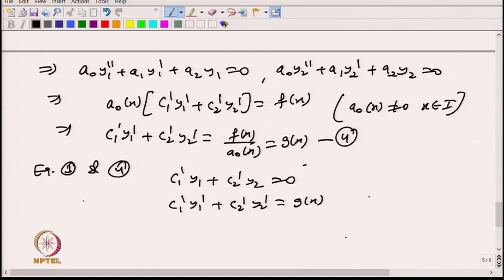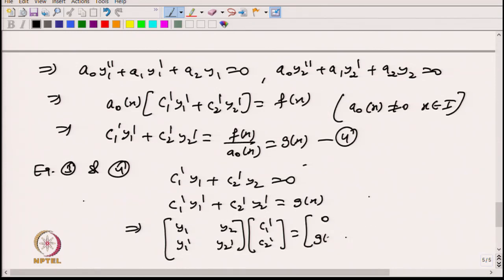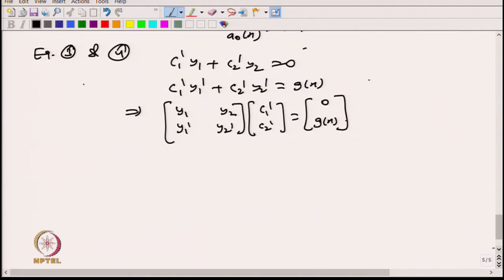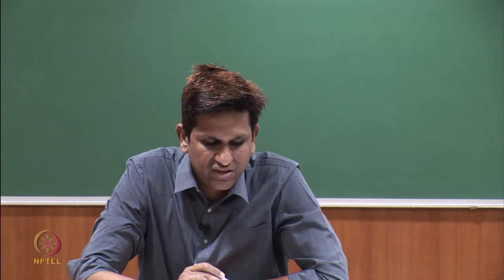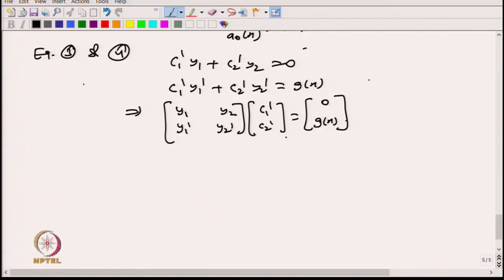This is a system of equations, and I can write this system with the matrix y1, y2, y1', y2', multiplied by c1', c2', with right hand side 0 and g(x). I want to find c1' and c2', so I will take the help of matrices.